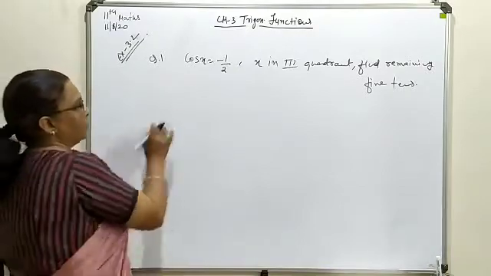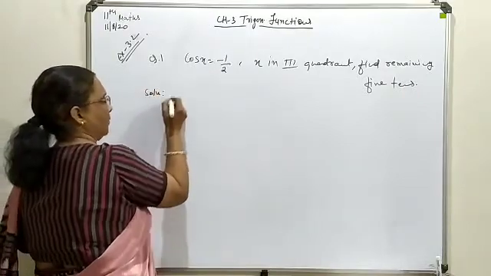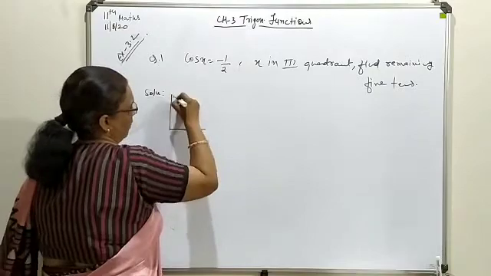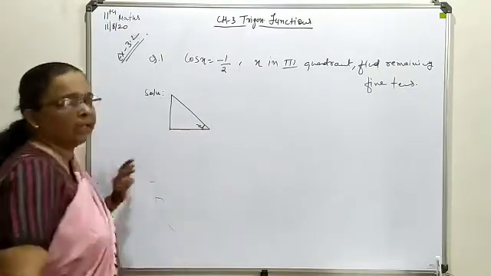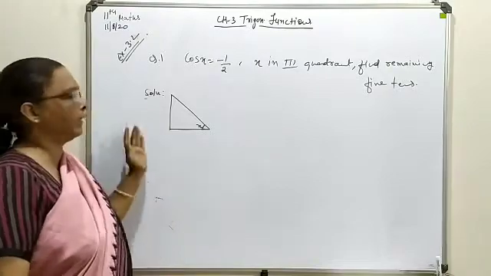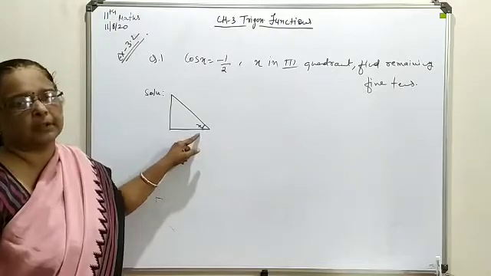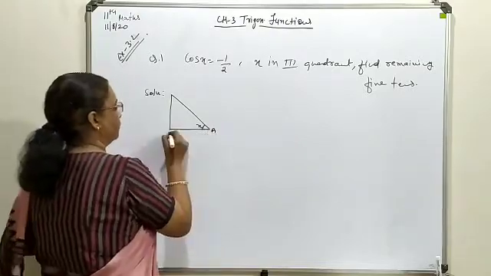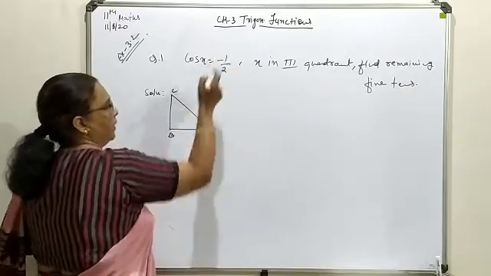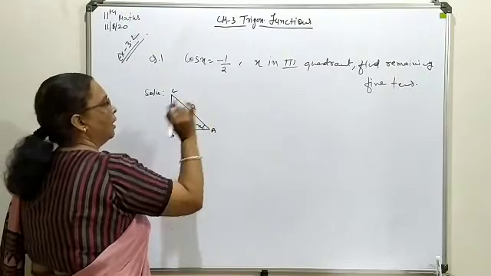So here first, with respect to this cos, this small triangle we generate, this is your x angle. Every time you try to make the angle on the base. If a particular case is available in the question, then only you refer to this angle. Otherwise, normally you refer with respect to this base only. Here the base is available, means 1 is available. Here is the hypotenuse, means 2 is available.